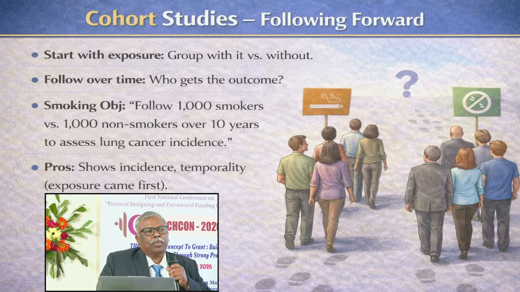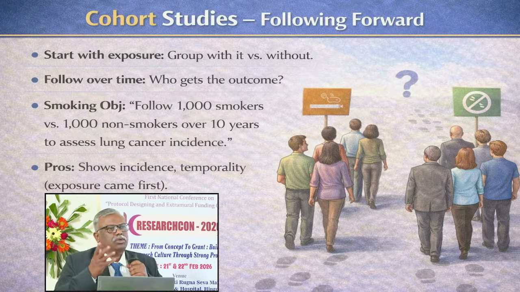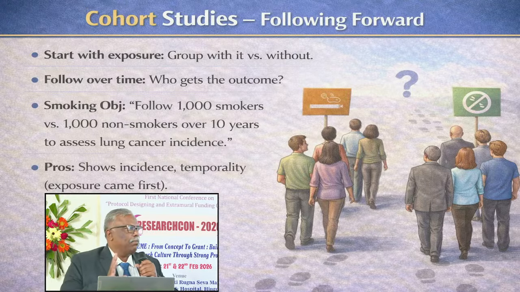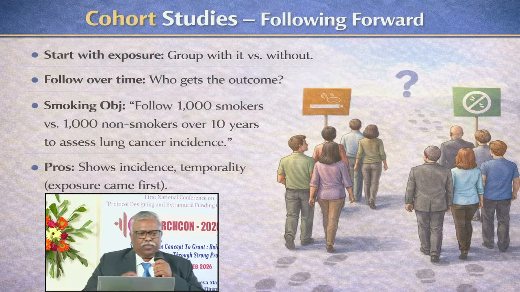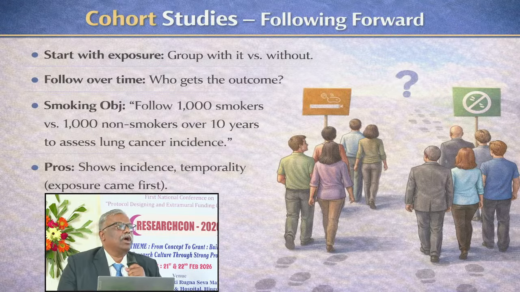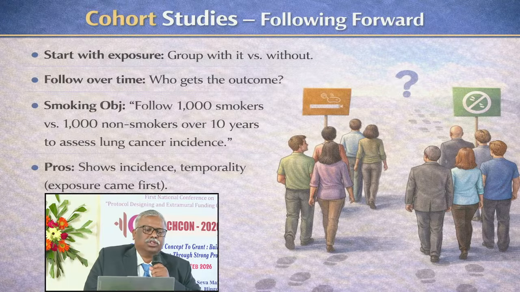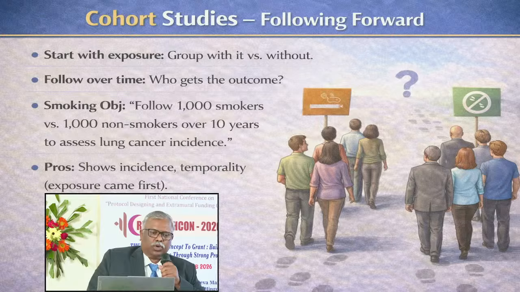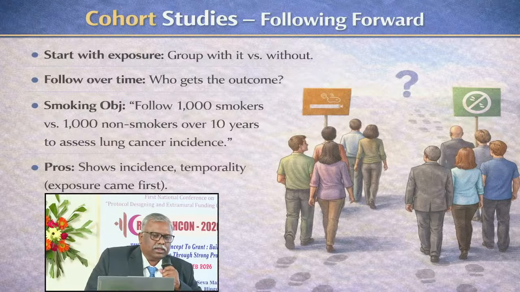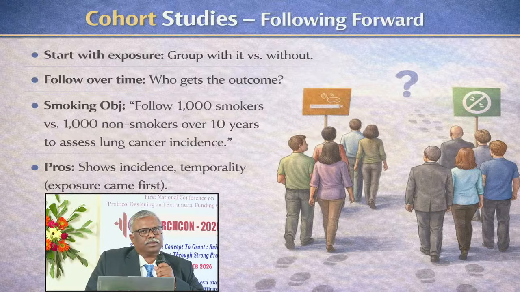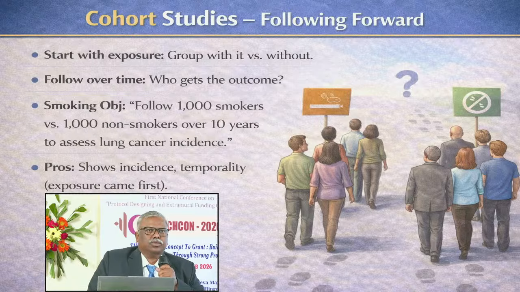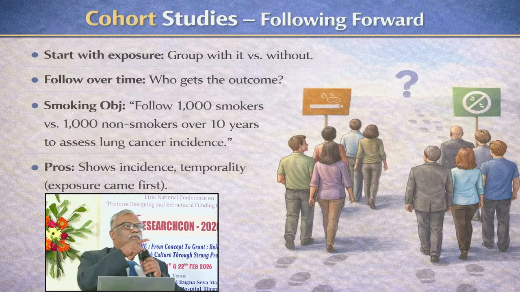So it is necessary to give enough information to the participants taking part in the research. For the smoking objective, follow 1,000 smokers versus 1,000 non-smokers over 10 years to assess lung cancer.